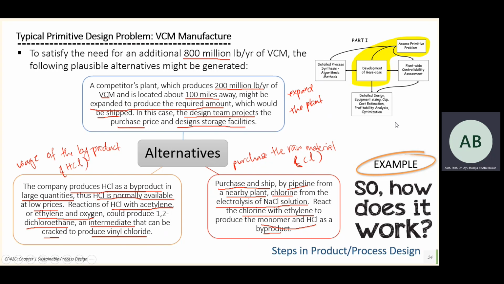Okay, so for ammonia, what is the raw material to produce ammonia? Nitrogen and hydrogen. Okay, we know nitrogen, hydrogen. So how to get these two? Nitrogen you can get from the air, which involves some process. Hydrogen, how to get hydrogen?